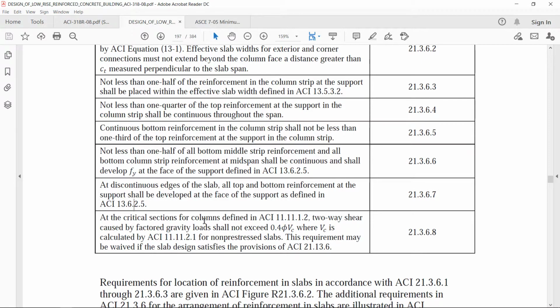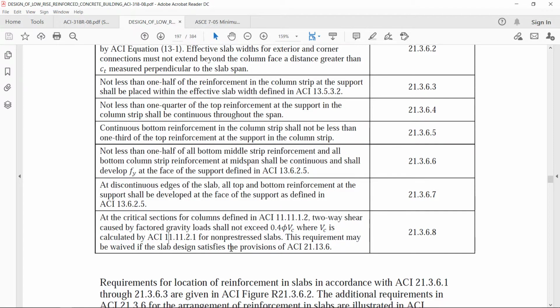At the critical section for the column defined in ACI 11.11.1.2, two-way shear caused by factored gravity load shall not exceed 0.4 times phi times Vc, where Vc is calculated by ACI 11.11.2.1. So that means you have to check the punching shear also.